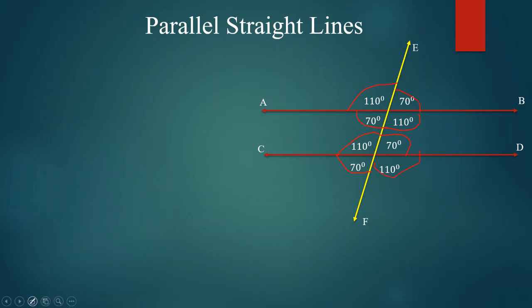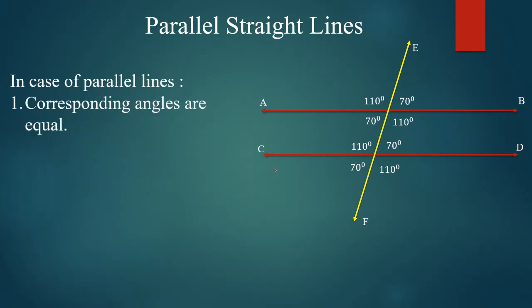So in case of parallel lines, if AB and CD are parallel, therefore we get a conclusion: corresponding angles are equal. If AB and CD are parallel lines, then corresponding angles are equal.